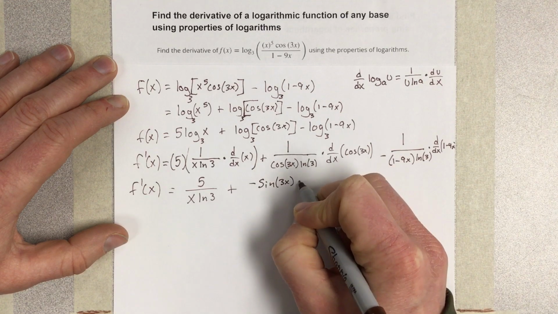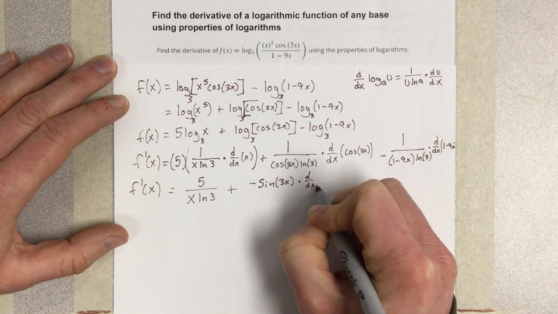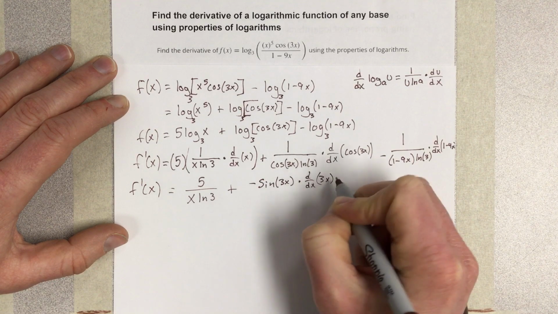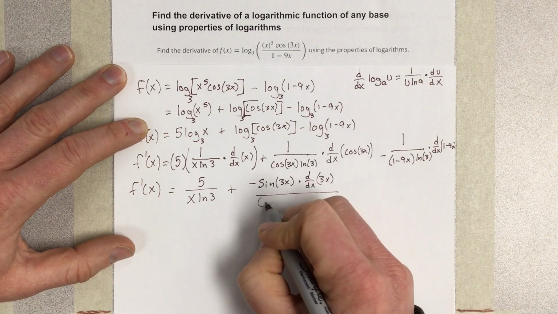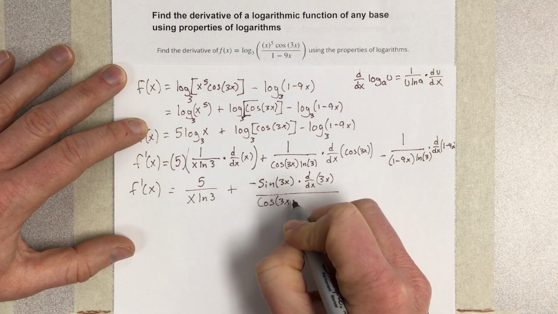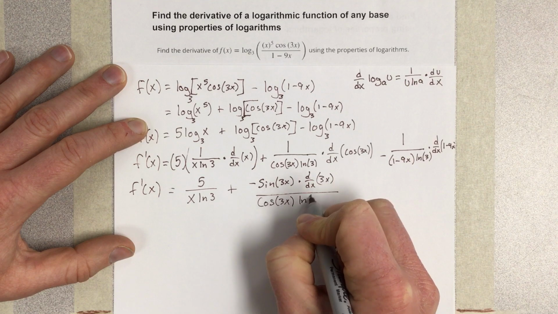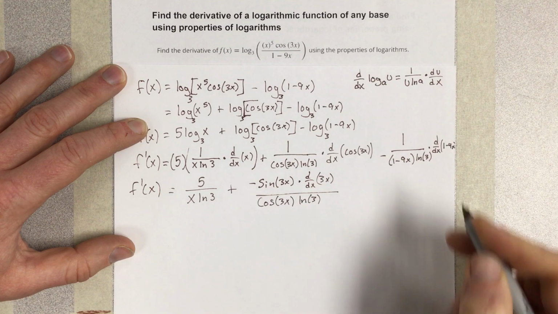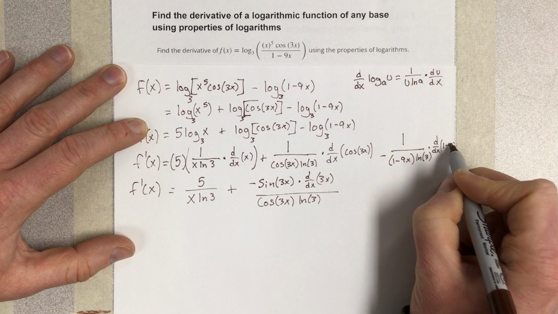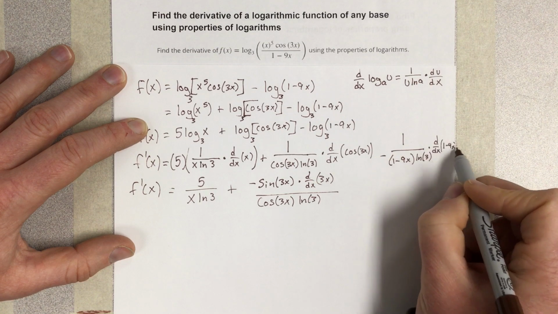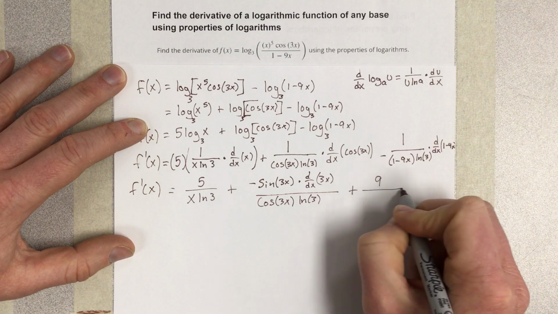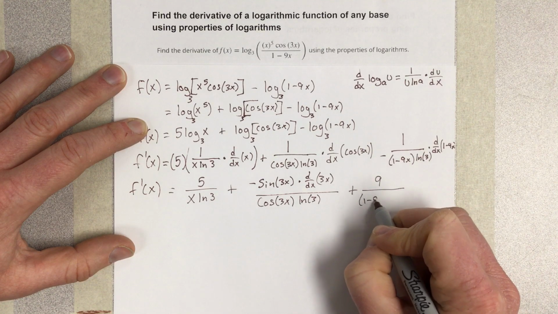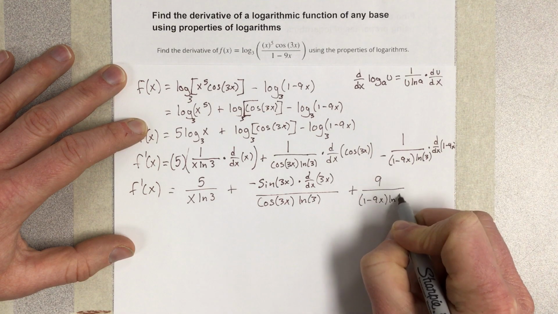It's a chain rule, so it's times derivative of 3x all over cosine 3x natural log 3. And then the derivative of 1 minus 9x is negative 9, so that actually would be plus 9 over 1 minus 9x natural log of 3.